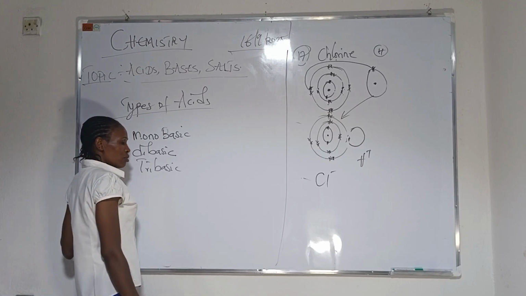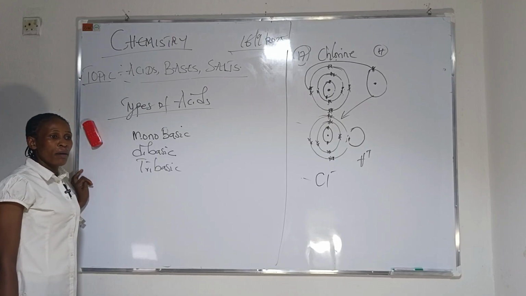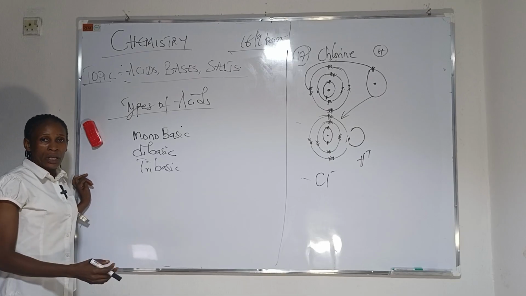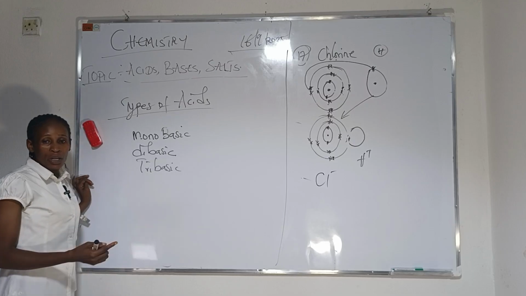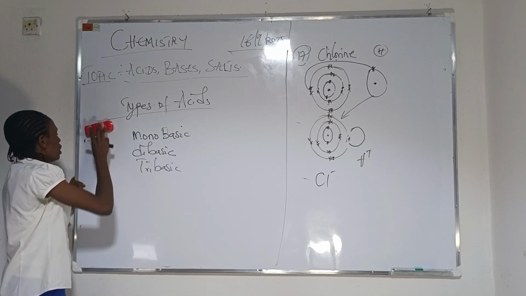But sometimes some students get confused based on the number. Because there are some elements that might have 3 as their hydrogen ions, but they don't fall under tribasic. Okay. So look at this.